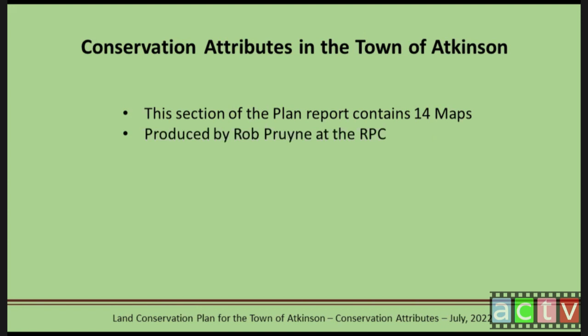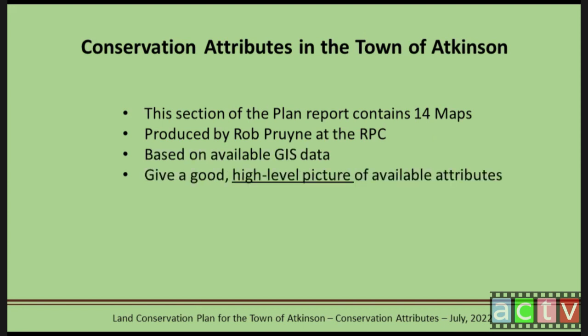They're GIS maps based on available GIS data. They give a good high-level picture of what's available in Atkinson. I underscore high-level picture because there's some caveats. They must be verified by on-the-ground study. A lot of these were data taken from aerial photographs and other studies.